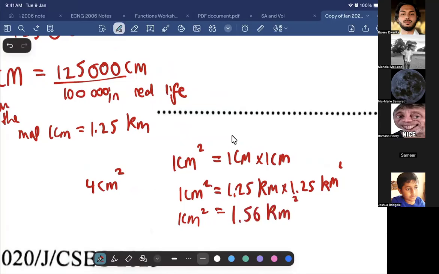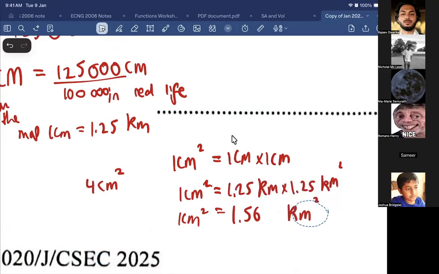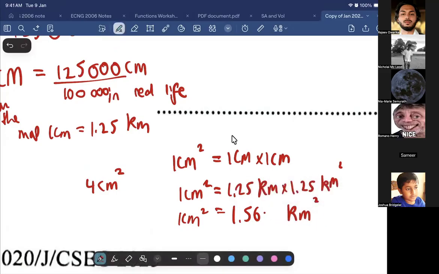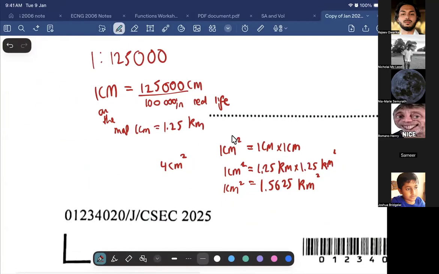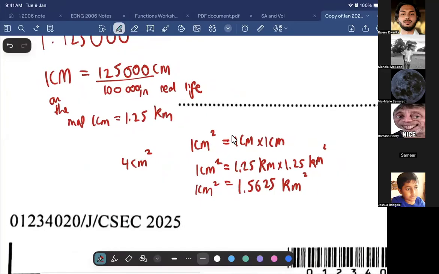You sure? Verify that. It's really 1.5625, the full thing. So guys, anytime you see a question asking about an area, please be careful. You need to figure out what 1 centimeter squared is first.